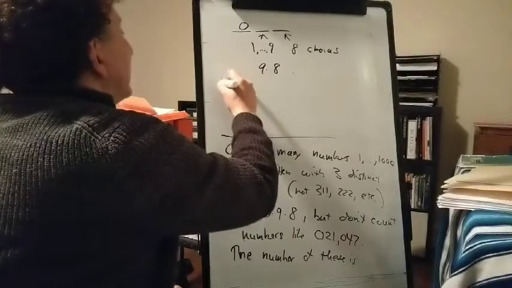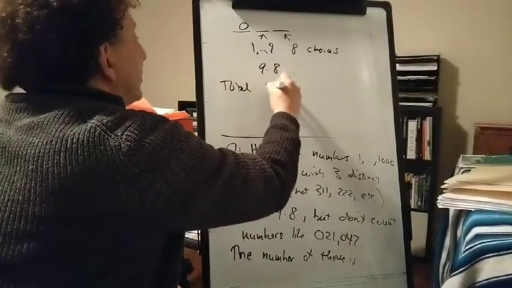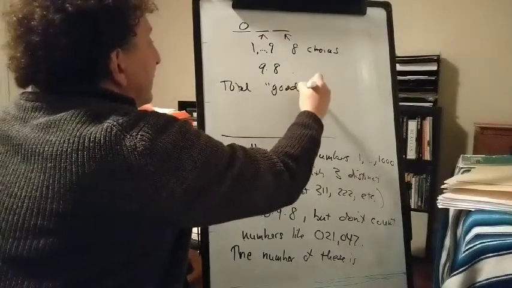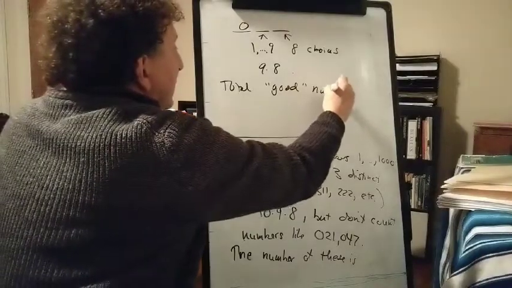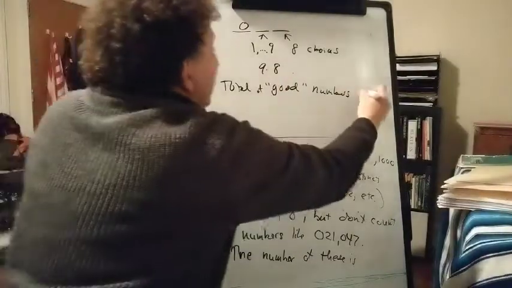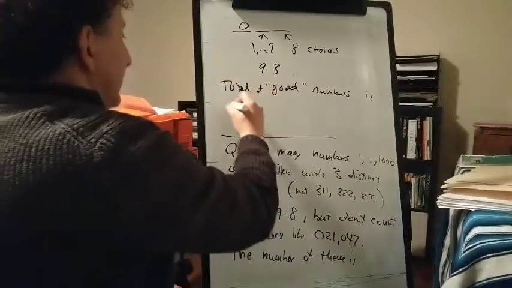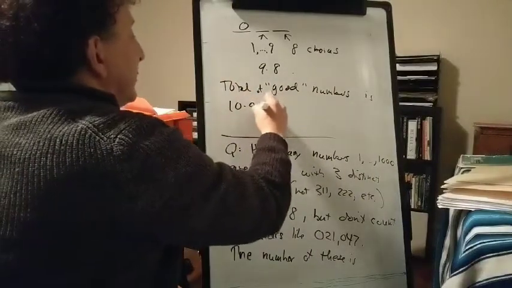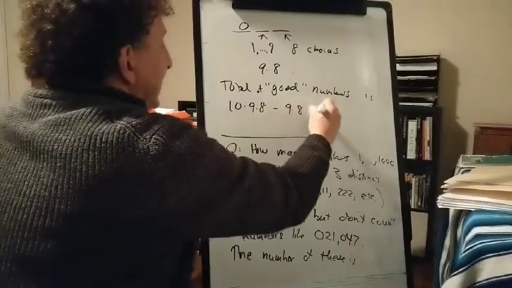So the total of good numbers is 10 times 9 times 8 minus 9 times 8.